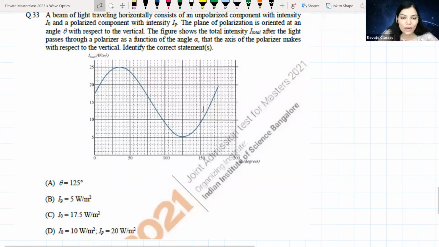Okay. So यहाँ पे जो input beam है, some component is unpolarized and some component is polarized. And now this input beam is passed through a polarizer.